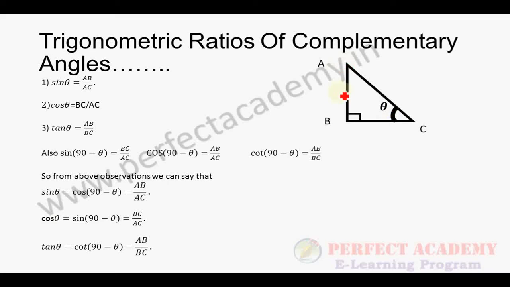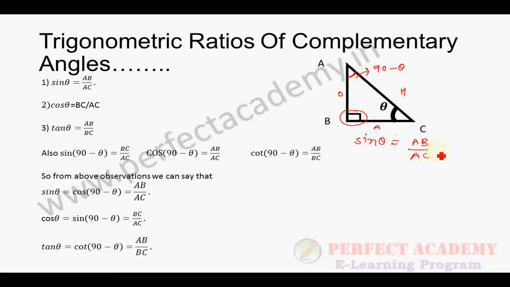Again, in this triangle ABC, as you know, B is 90 degrees, C is represented as theta. We know this angle A is nothing but 90 minus C, that is 90 minus theta, right? So suppose I am defining sine of theta, for theta this is opposite and this is adjacent, this is hypotenuse, so sine of theta has to be AB by AC, right?